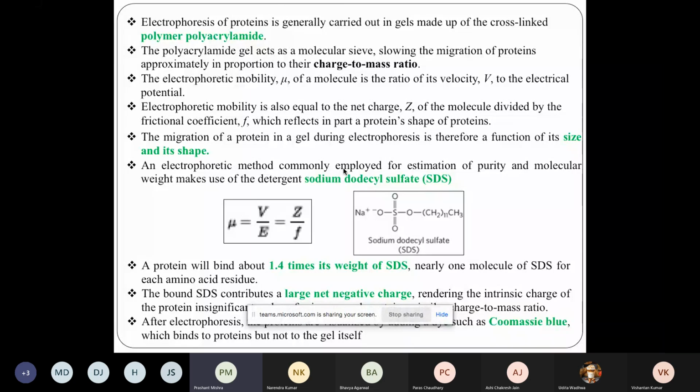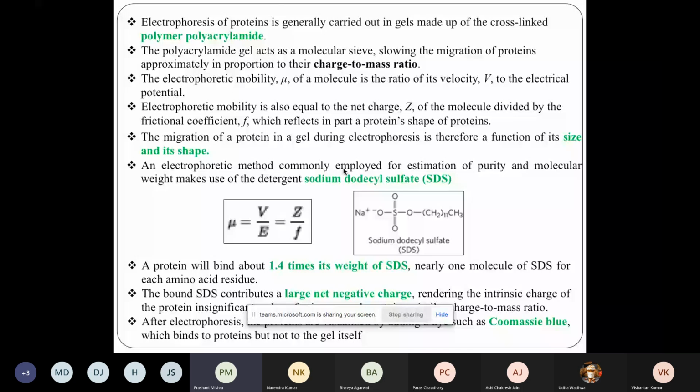Now, how is this electrophoretic mobility determined? It is very simple: the electrophoretic mobility mu of a molecule is given by the ratio of velocity to electrical field. Also, if something is moving in an electric field, what other factors determine it?